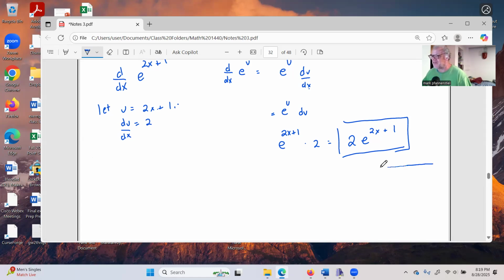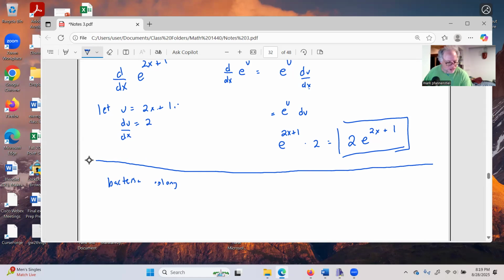Okay. My next one: say we have a bacterial colony that grows, whose population can be modeled as P of t is equal to, let's see, 100 e to the 0.03 t.